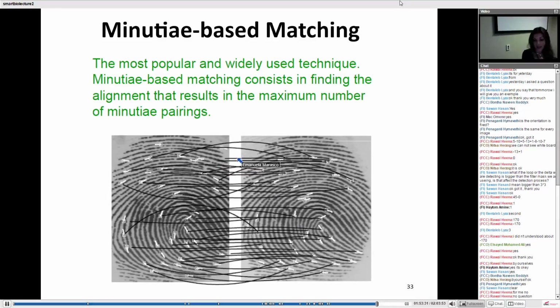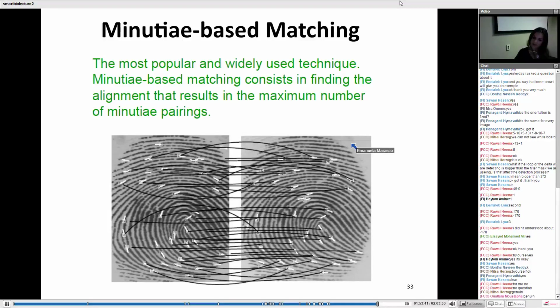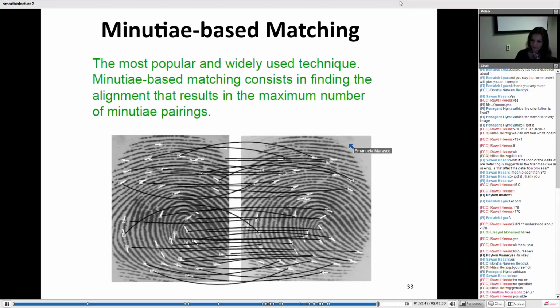The first answer is genuine, right? Why do you think that this is a genuine matching? Let's formulate a reason for this matching being genuine.